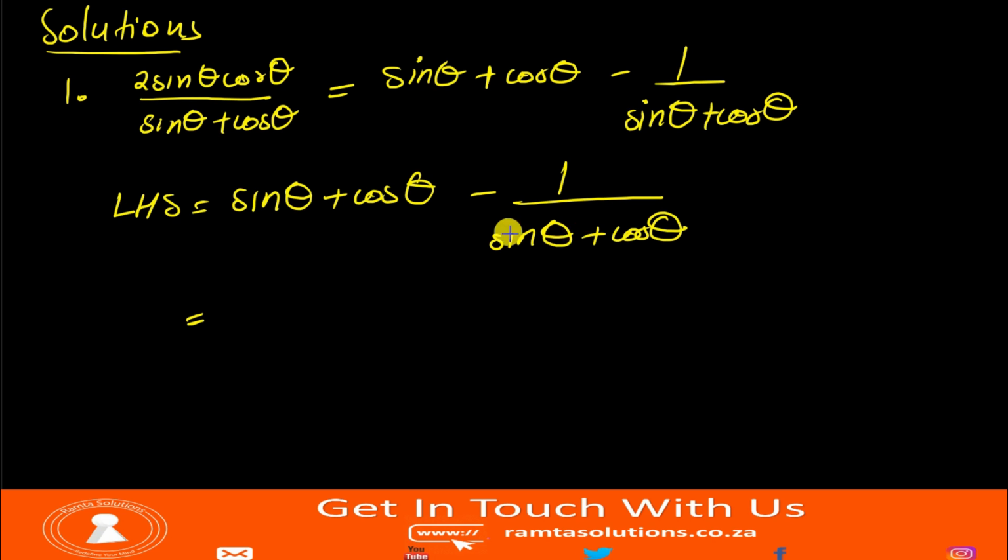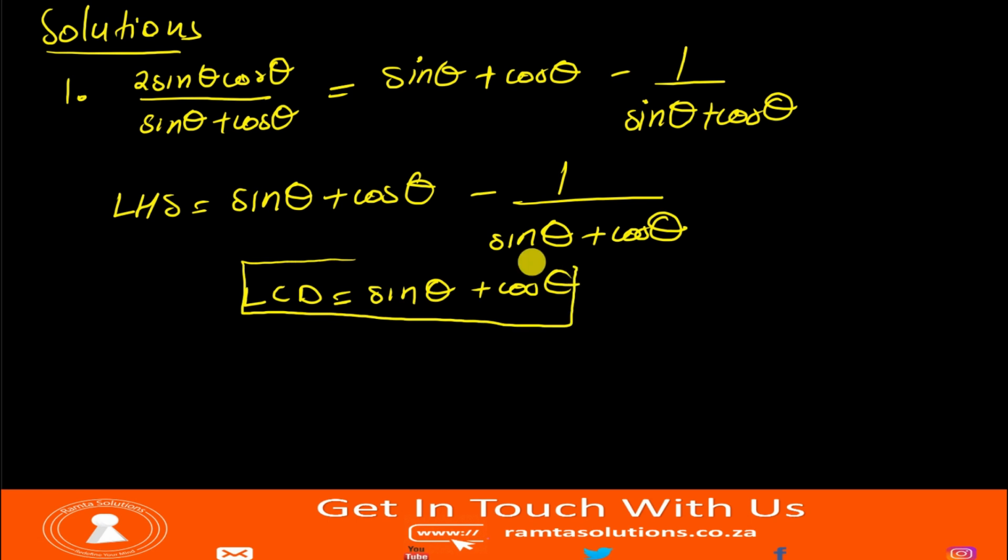As you can see, we have the lowest common denominator, which is sine theta plus cos theta. So everything here will be multiplied by the lowest common denominator. Okay? So let me just say LCD is sine theta plus cos theta. This is for your attention. Even if you don't write it down, it's okay. All right?